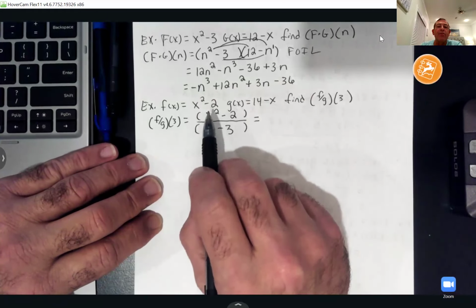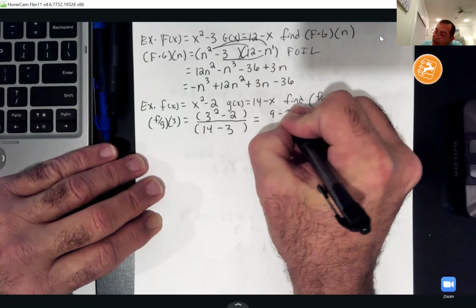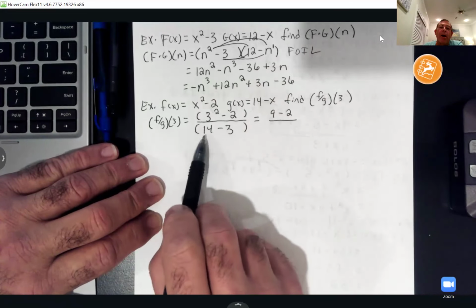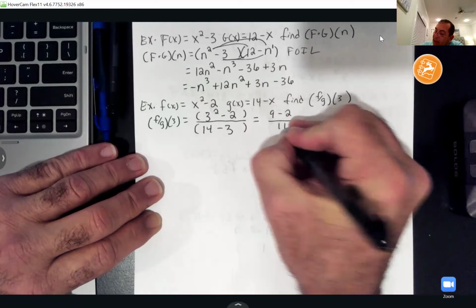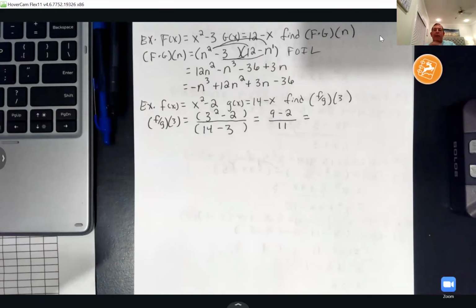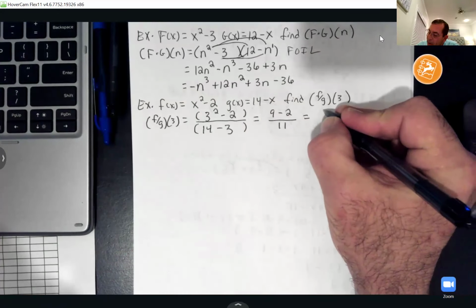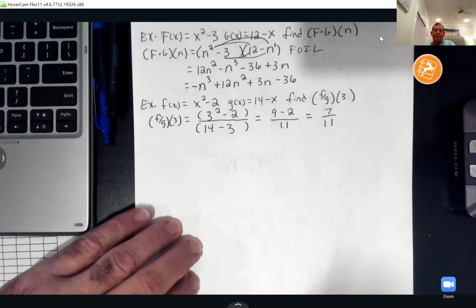So 3 times 3 would be a 9 minus 2. And then only one thing to do on the bottom, just subtract that 14 minus 3. Gives me 11. And all I got to do now is finish my top and be done. So 9 minus 2 gives me a 7 over my 11.